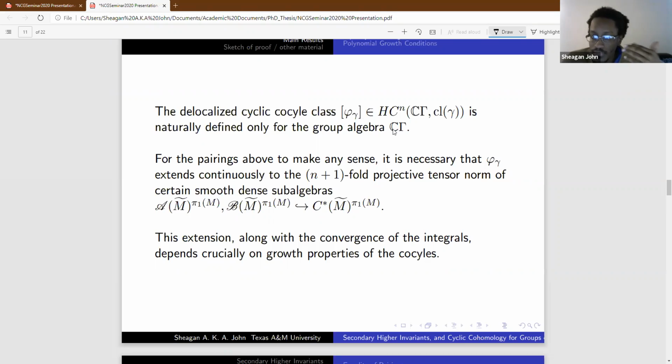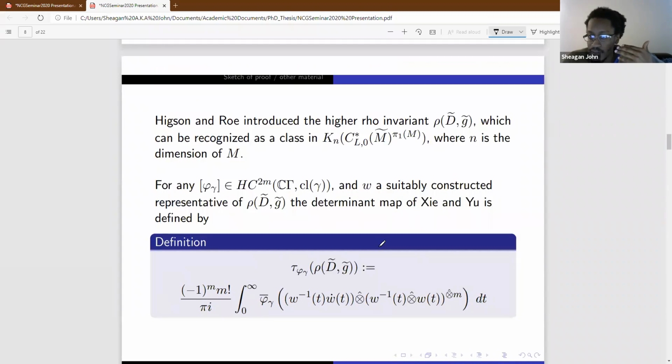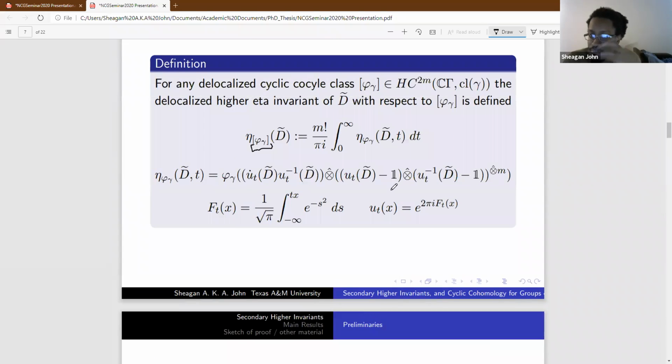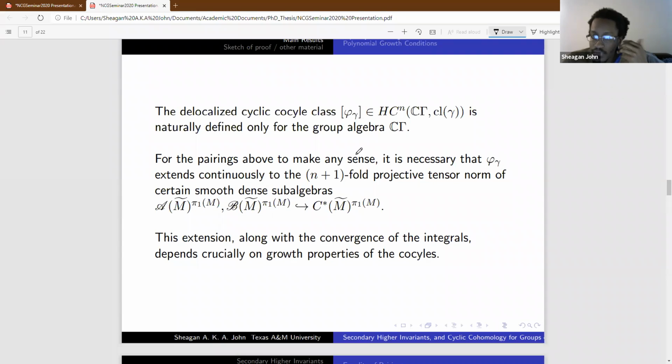So if we want the definitions here and here to make any sense, we need to show that these cyclic cocycles extend continuously to our rho algebra and to our evaluation ideal of the localization algebra. And it's sufficient to show that they extend continuously to certain smooth, dense subalgebras.